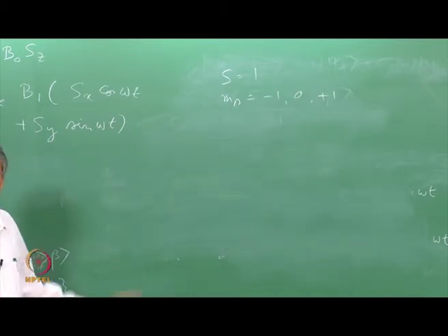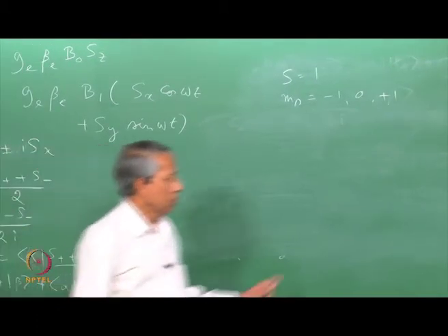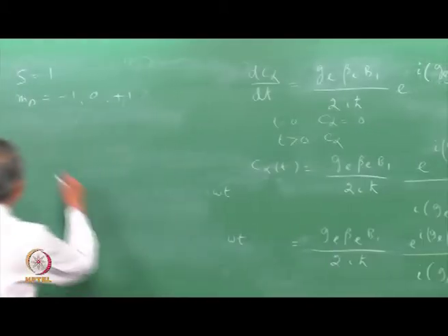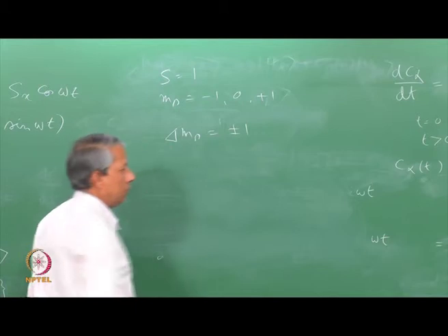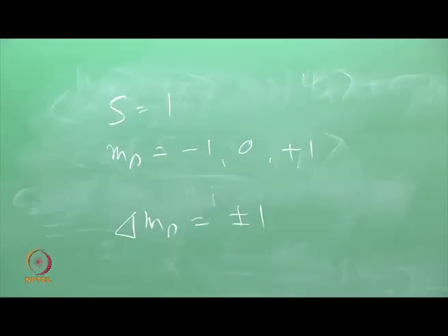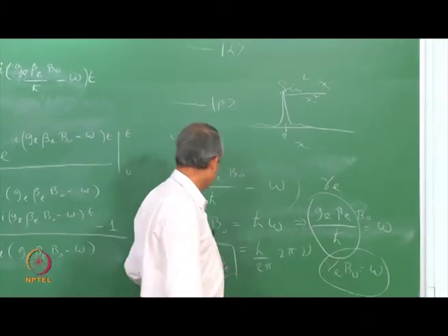One can do exactly the similar treatment and come to the same conclusion that delta ms equal to plus minus 1 will be the allowed transition, and a similar resonance condition will be applicable there also.